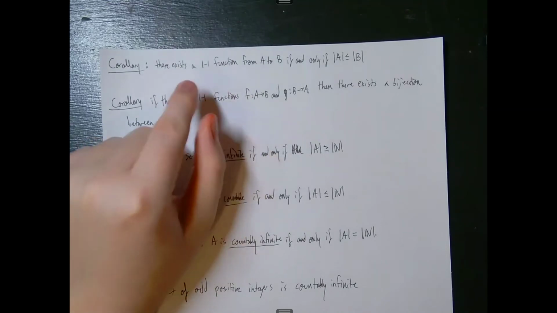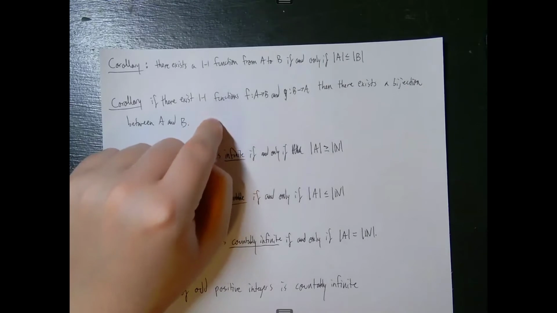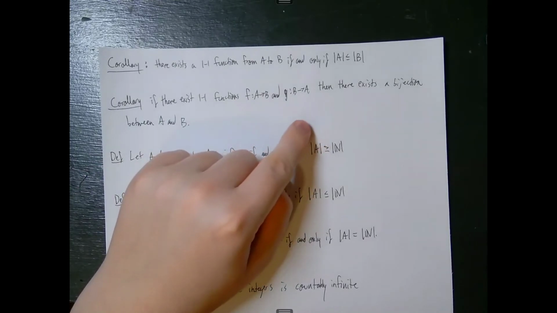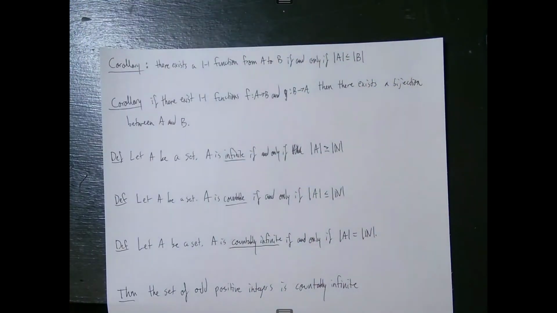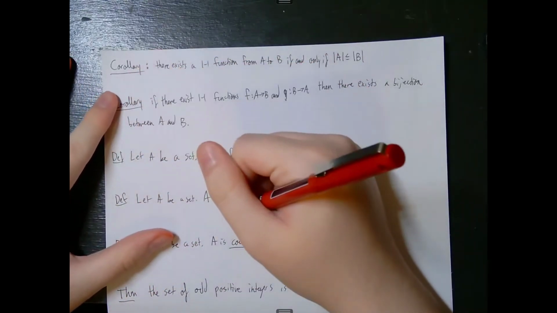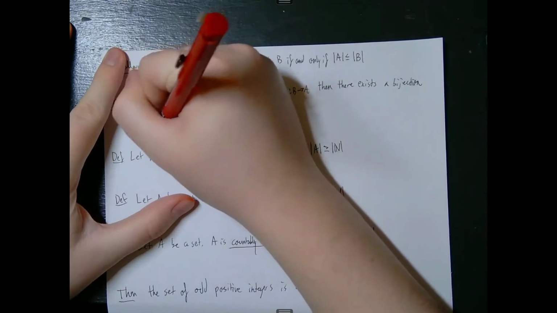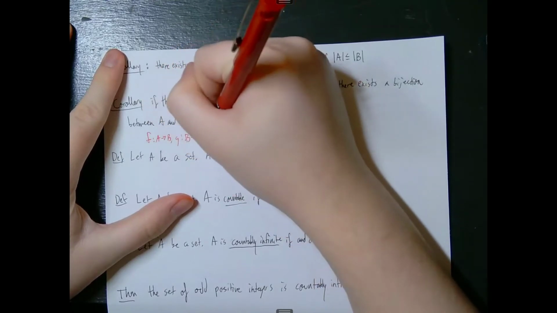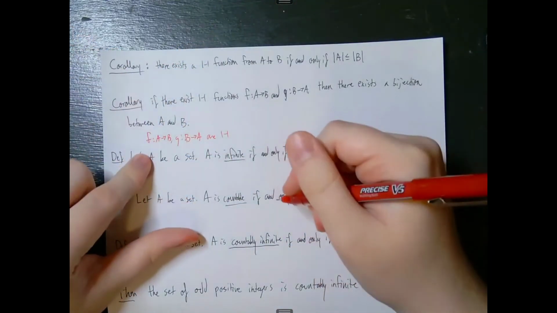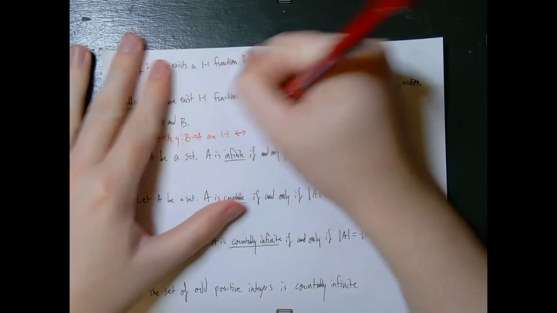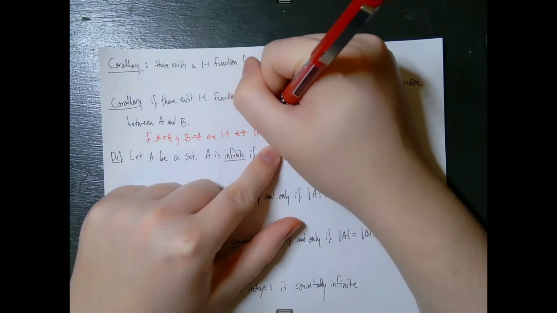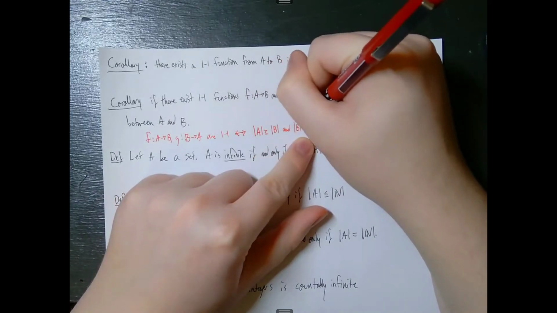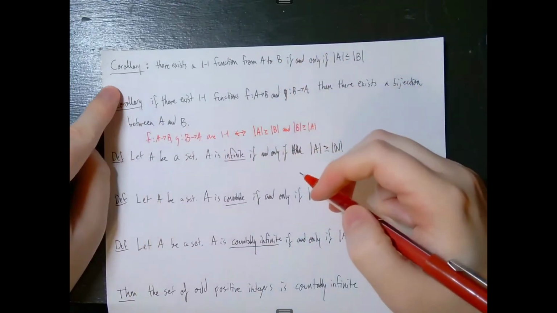So we have another corollary of this, which says that if we have two one-to-one functions, one from A to B and the other from B to A, then there exists a bijection between A and B. And the reason why we can say this, I'll briefly write out the justification here, is that f from A to B and g from B to A are one-to-one if and only if the cardinality of A is greater than or equal to the cardinality of B, and the cardinality of B is greater than or equal to the cardinality of A. This comes from the corollary up here.